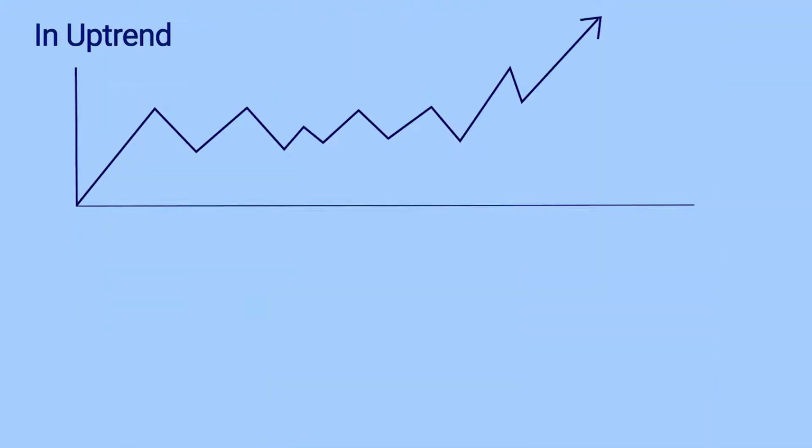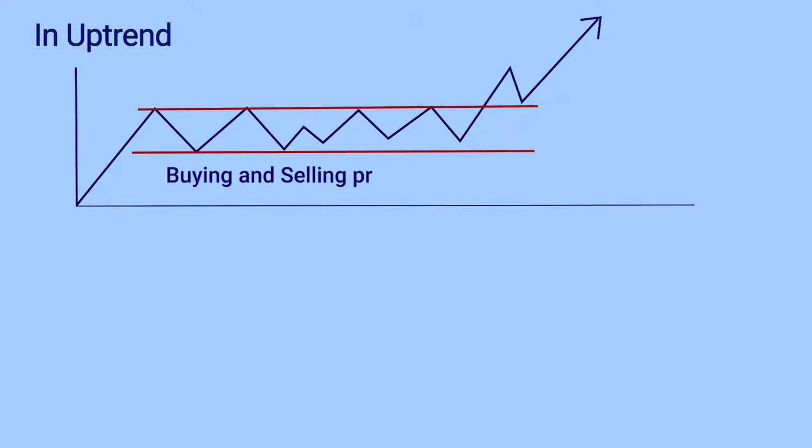Apart from that, what we would find is that during an up move, after the accumulation, after a slight bit of up move, we may find the price consolidating within a small range. Again, during that small amount of time, the buying and selling pressure are almost equal. And if after the consolidation the buying pressure again becomes bigger than the selling intention of the bears in the market, the price again resumes its uptrend.